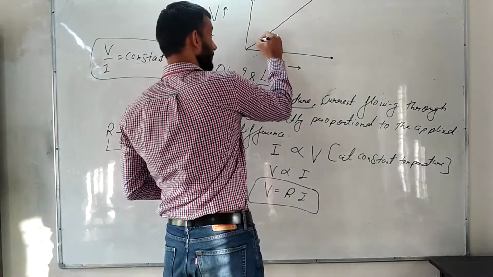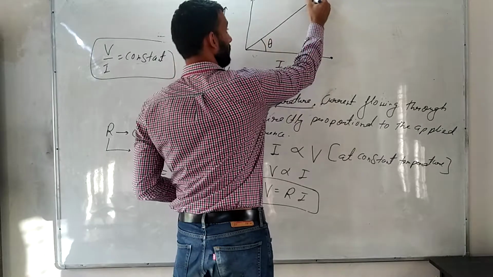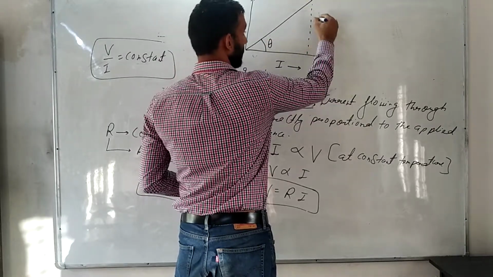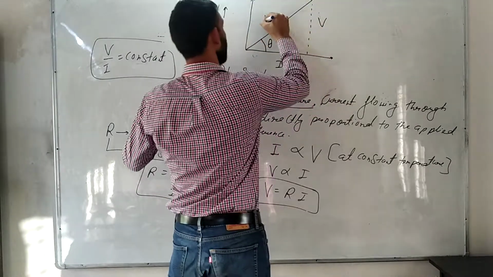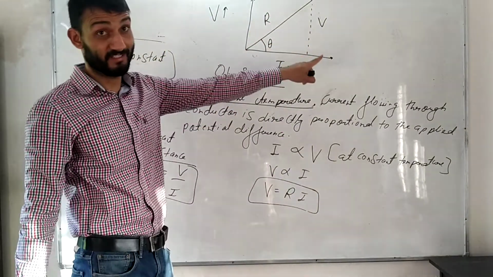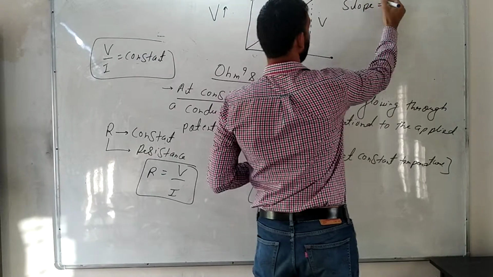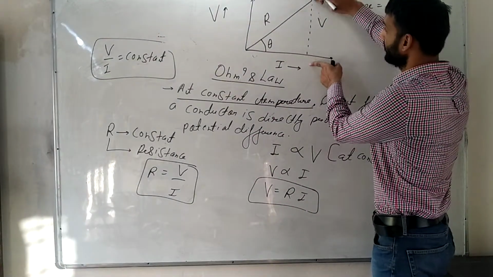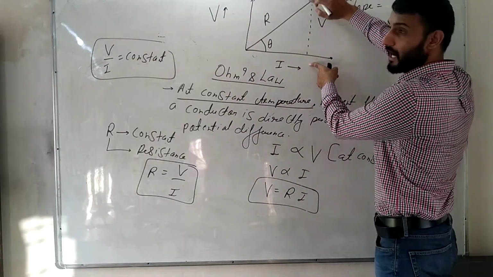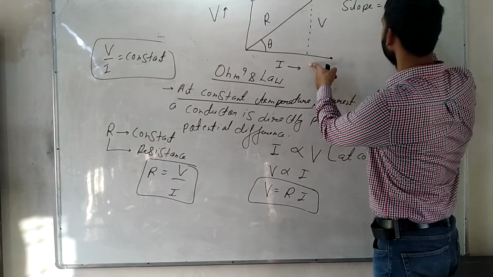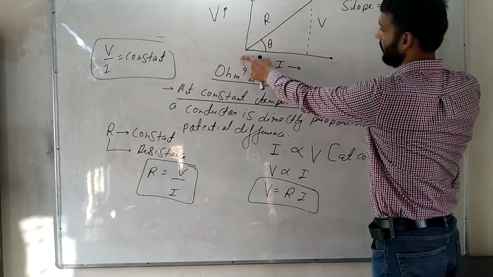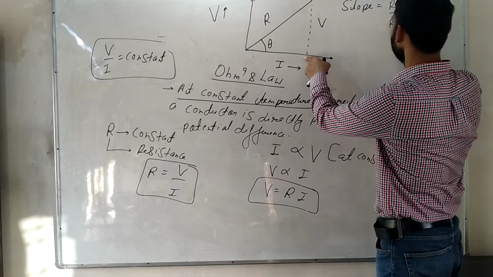And the slope of this graph will always give you resistance. Why? Because if you calculate the slope from this graph, slope is rise upon run.